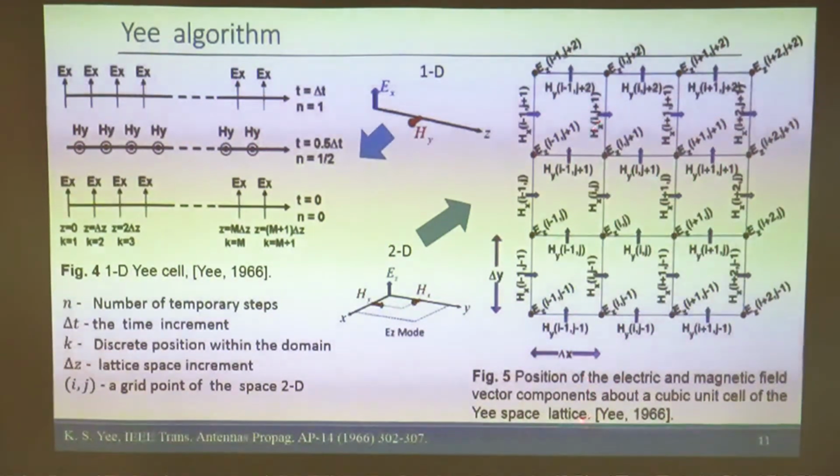So you can see here the Yee space lattice, where N is the temporal steps, what I say here. T is the time increment, K is the discrete position within the domain, and I say delta z is the lattice space increment. In this case I have a Yee space lattice because it's in 2 dimensions.